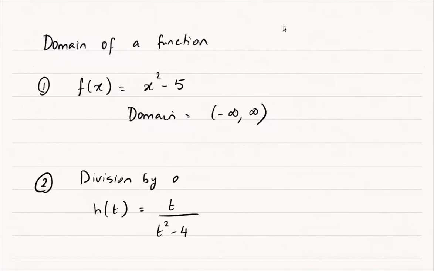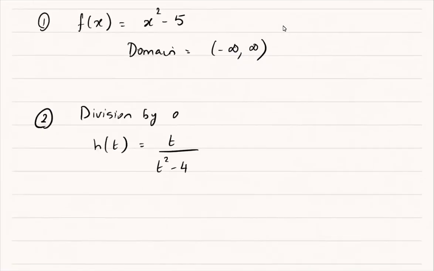So I'm going to see what values of t will make my denominator 0. How do I find that? In order to find that, I'm going to solve for this and see what values of t will make this denominator 0. Now t squared minus 4 is a difference of squares. This can be factored like so.